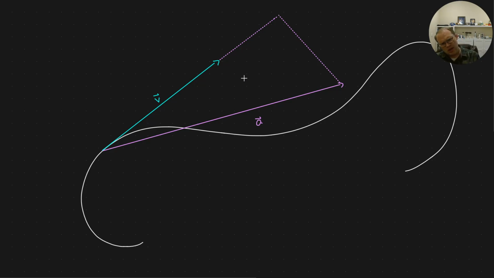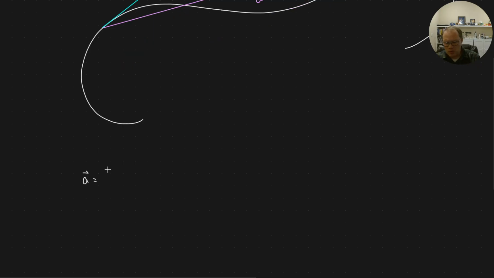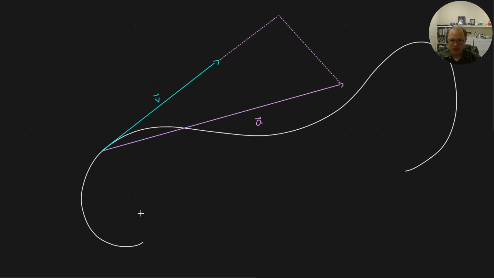So to do this, understand that these components are going in two different directions. The acceleration has a component going in the same direction as the velocity, which is tangent to the curve. That communicates the change in speed. We call it a sub t because it's going in the direction of the unit tangent vector.